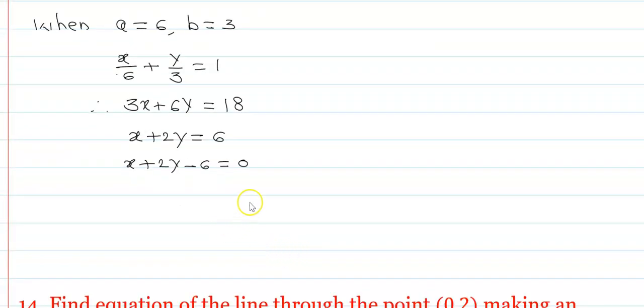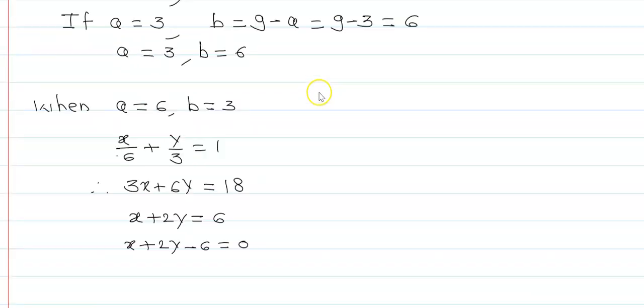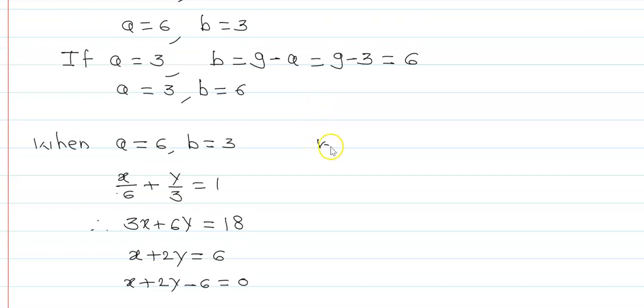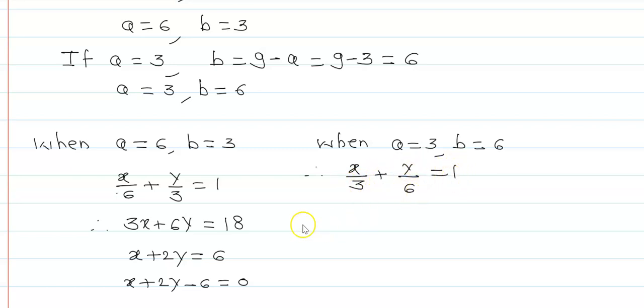Okay. And when a is equals to 3, b is equals to 6, therefore the equation is x upon 3 plus y upon 6 is equals to 1.